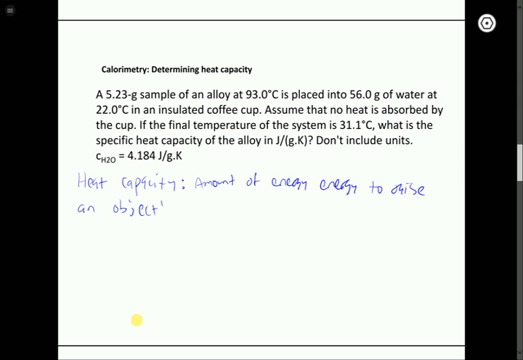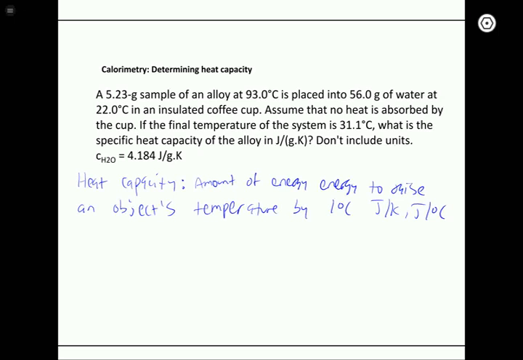So this is for the entire object or the entire system. So it doesn't include mass, which means the units for heat capacity are going to be joules per Kelvin or joules per degree Celsius. So it's just the total amount of energy required to raise the object's temperature by 1 degree.